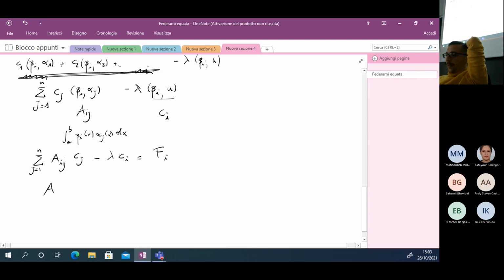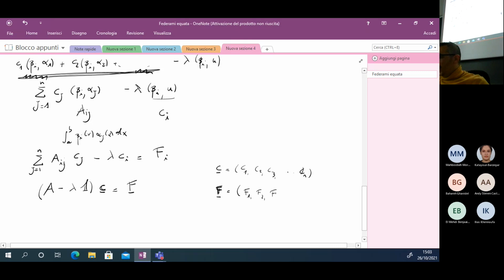This is the matrix A minus lambda times the identity matrix, that multiplies in the matrix sense, row by column, the vector C equal to the vector F, where C is the vector given by C1, C2, C3, etc. And F, capital F, is the vector whose components are F1, F2, F3, and so on up to Fn. Actually, these are columns.